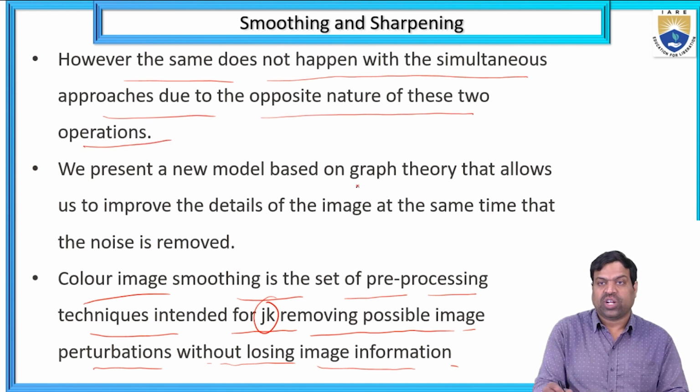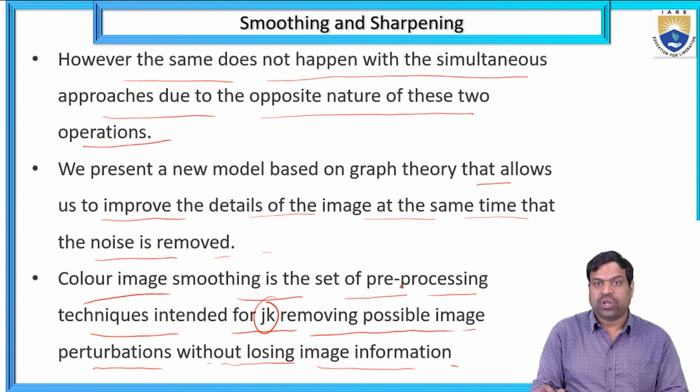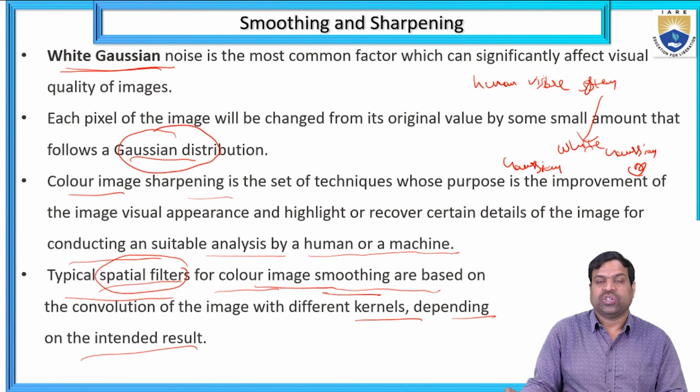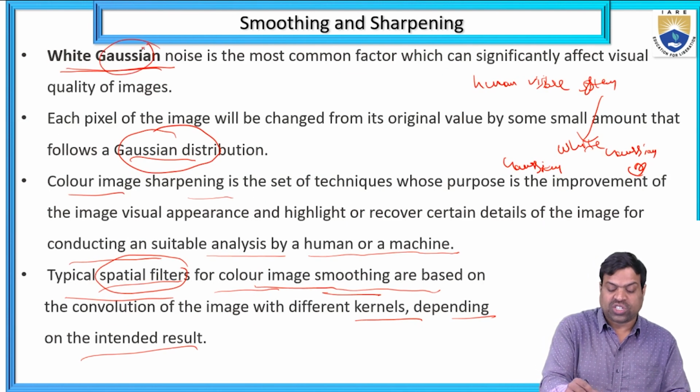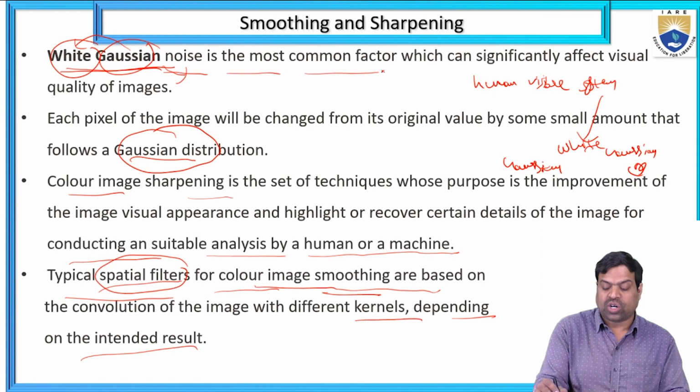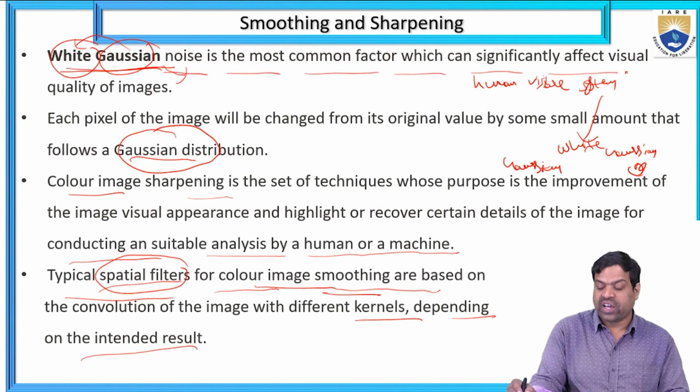We present a new model based on graph theory that allows improving the details of the image at the same time that the noise is removed. Color image smoothing is a set of pre-processing techniques intended to remove possible image perturbations without losing image information. In the Gaussian case, white Gaussian noise is the most common factor which can significantly affect the visual quality of the image.